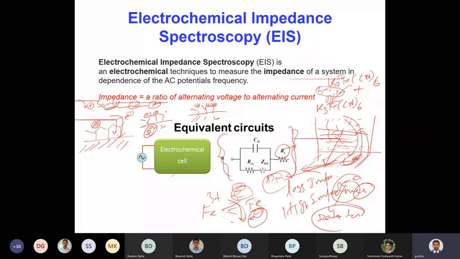When electrons flow, they will flow through the solution, right, guys? If you are using a 10 millimolar concentration of salt and a 100 millimolar concentration of salt, in the 100 millimolar case the RS will be very low, and in the 10 millimolar case RS will be high, right? If there is a high concentration, the solution resistance will be very low. Clear?